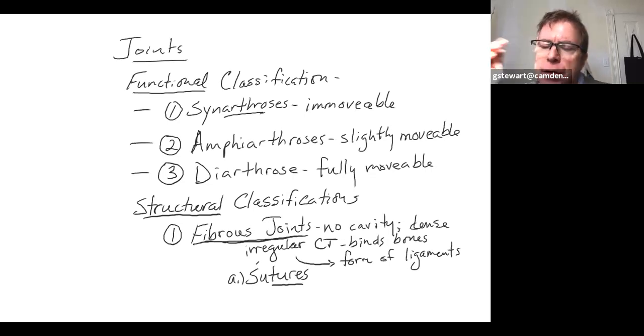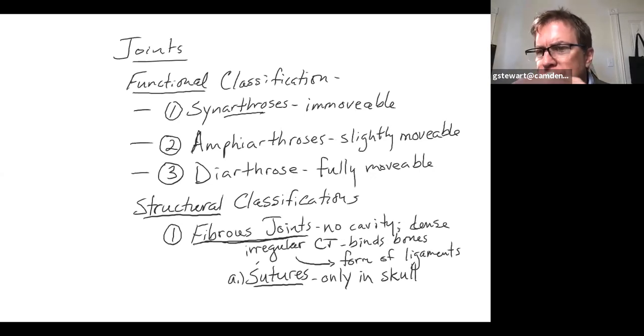We know what a suture is now because we've already studied the skeletal system. It's a joint, I'm going to write, only in the skull. We only find these in the skull. There are those tight, interlocking, immovable joints in the skull that the cranial plates form when they finally fuse.